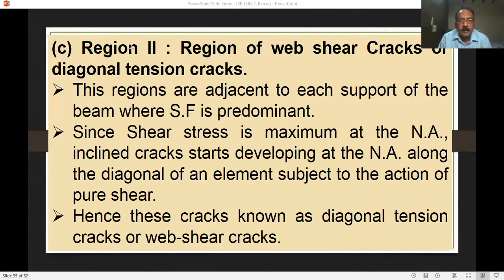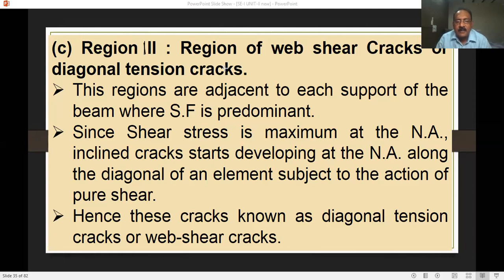In region 3, web shear cracks or diagonal tension cracks will be developed.